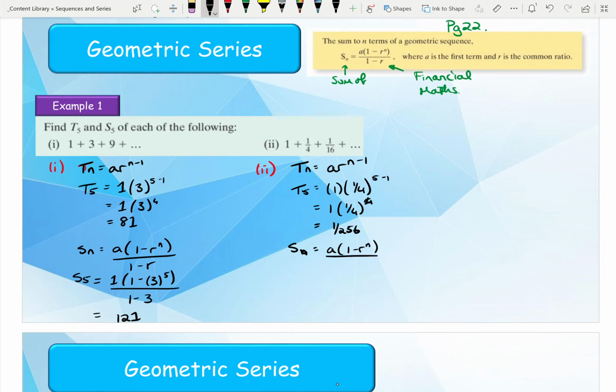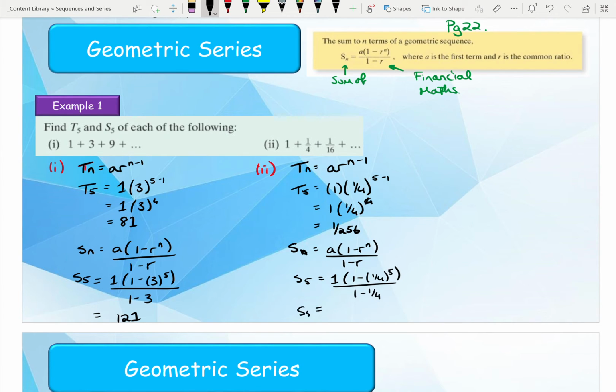Compared to my Sn, which is a by 1 minus r to the power of n, all over 1 minus r, which means I have S5 is a, which is 1, by 1 minus 1 over 4 to the power of 5, all over 1 minus a quarter.